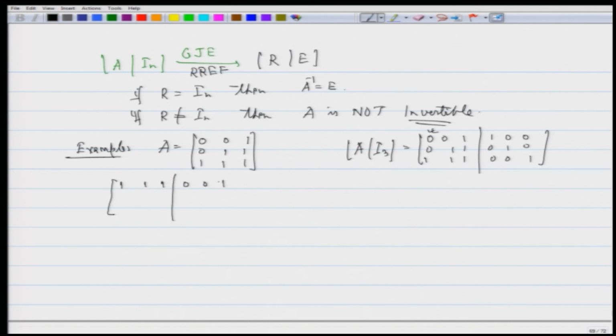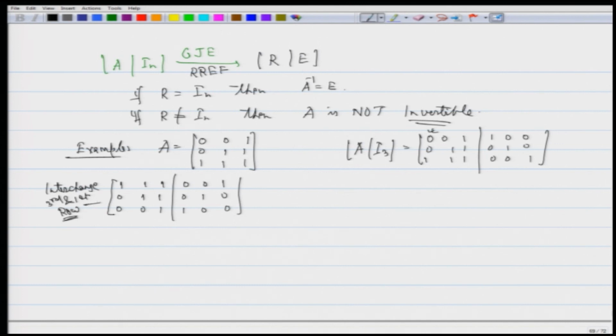Fine. 0 1 1 0 1 0, 0 0 1 1 0 0. I have this. So, interchange third and first row.